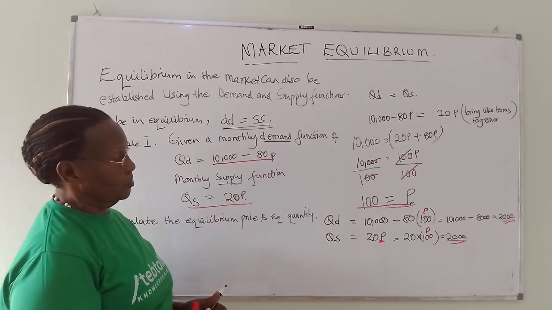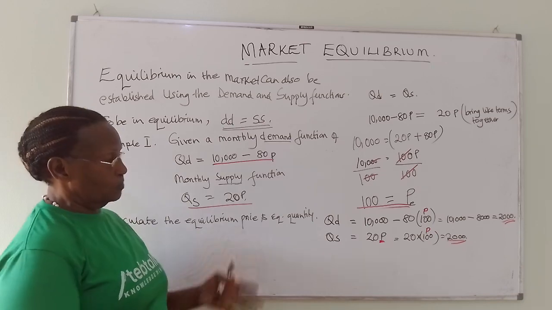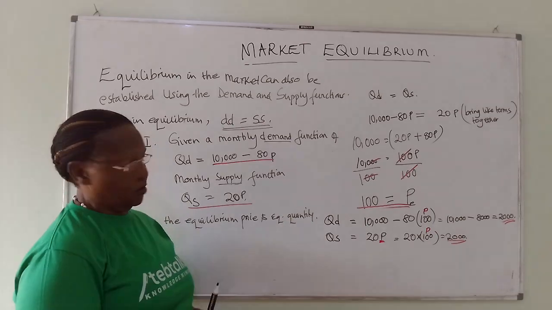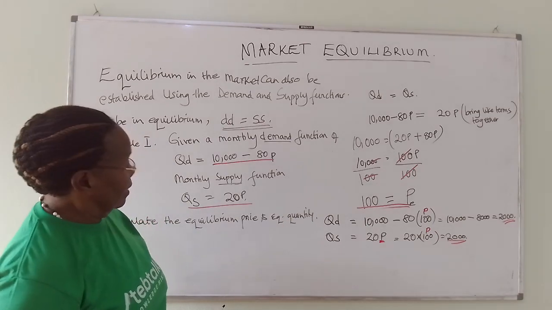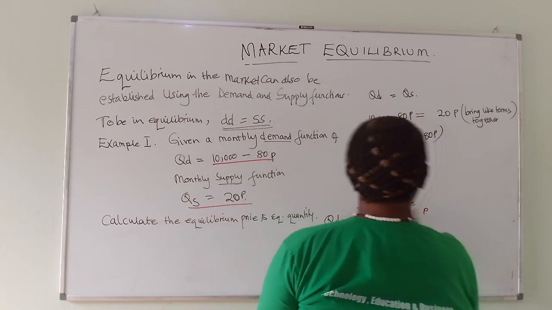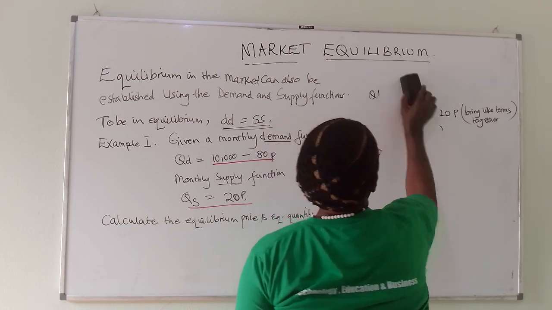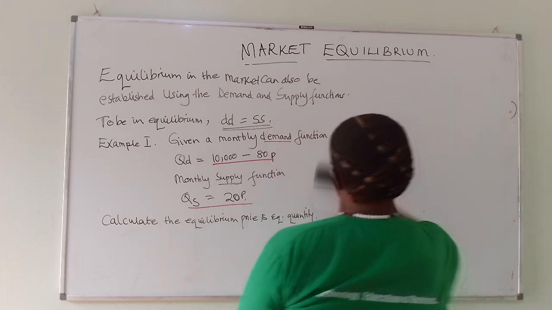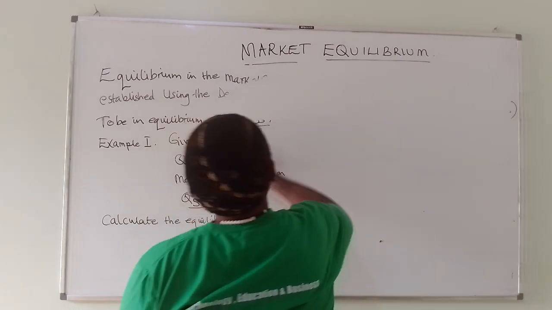After getting the calculated value of P, you substitute into the formula to get the equilibrium quantity and the equilibrium price. Let's have a second example so that we can get more acquainted with the calculations.